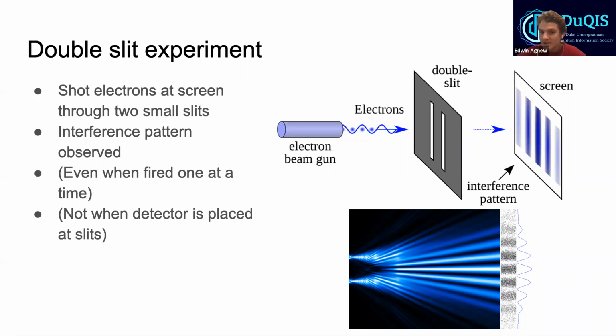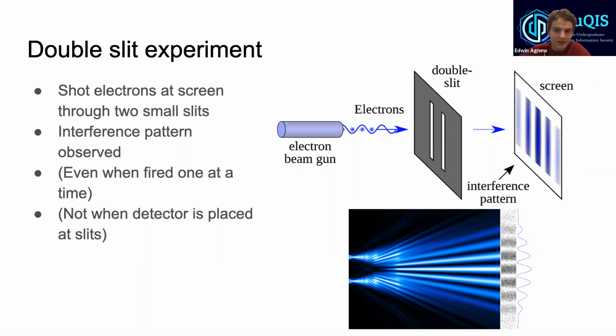So if you were to think of an electron like a tennis ball or a particle, you would expect that it goes through one of the slits, and then you get a roughly Gaussian shape on the end, where it's more likely in the middle and less likely at the edges.